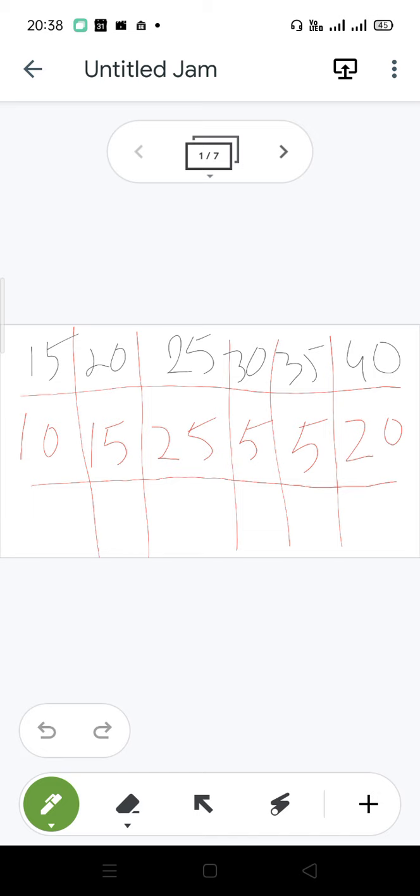Cumulative frequency means the sum total of previous frequencies. The first cumulative frequency is the same, that is 10, because no frequency comes before 10. After that we add: 10 plus 15 is 25, 25 plus 25 is 50, 50 plus 5 is 55, 55 plus 5 is 60 and 60 plus 20 is 80.